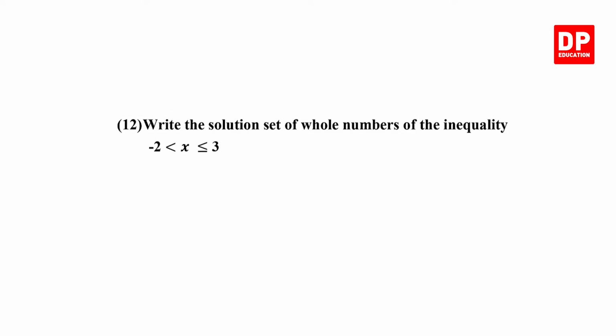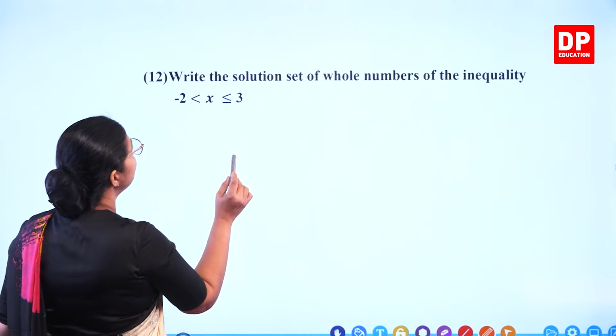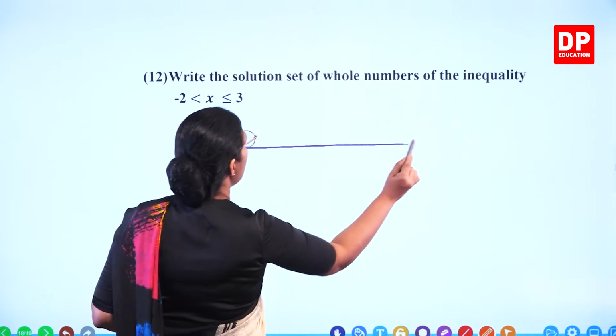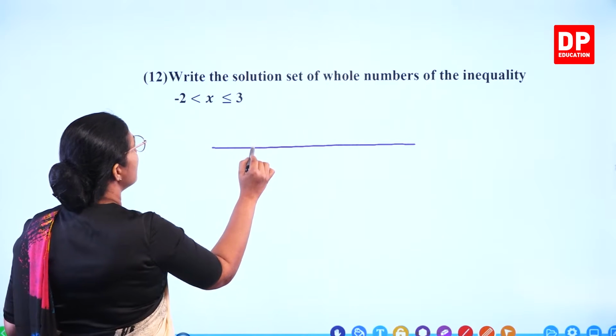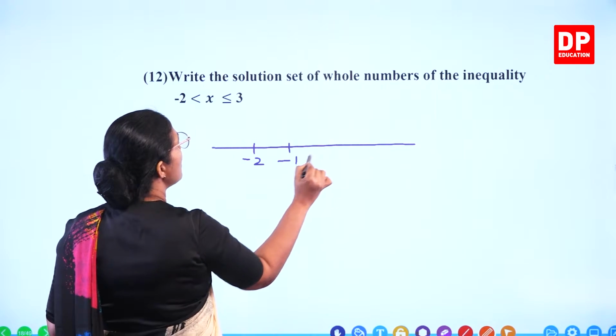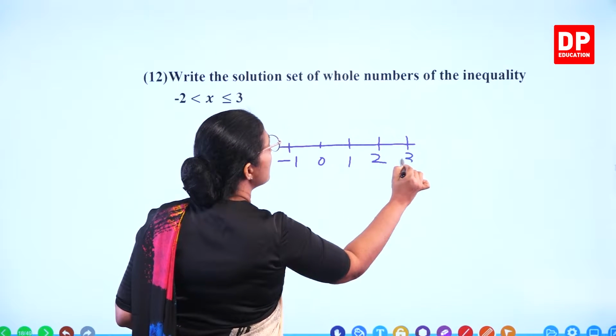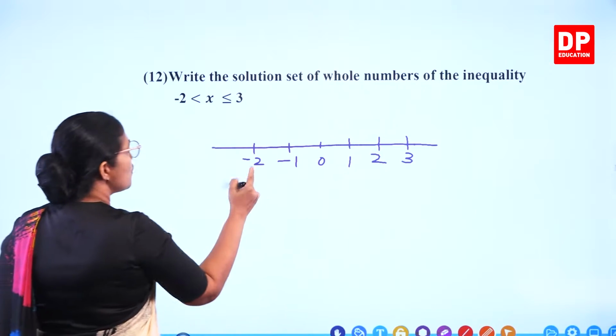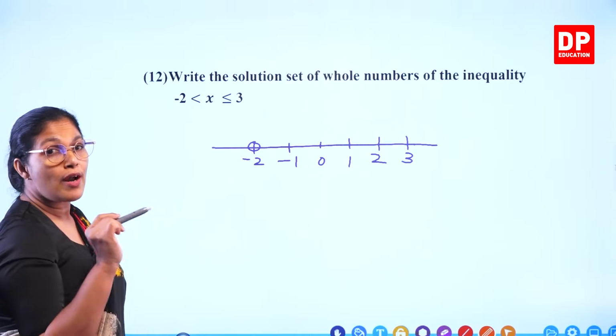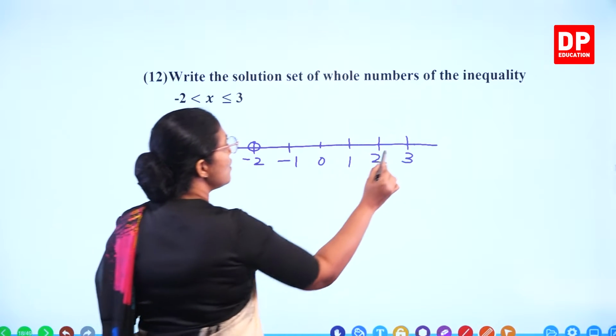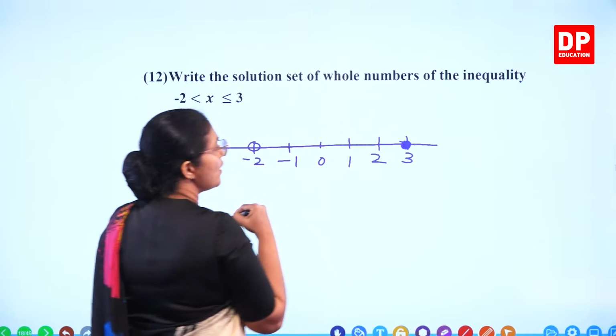Question number 12. Write the solution set of whole numbers of the inequality, minus 2 in between minus 2 and 3. So when you draw the number line, minus 2, minus 1, 0, 1, 2, 3. Minus 2 is not included, so you draw an open circle. 3 is included, you draw a solid circle.